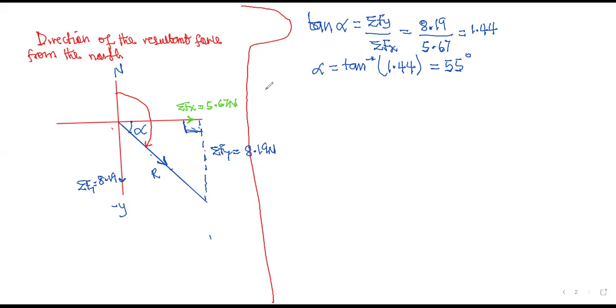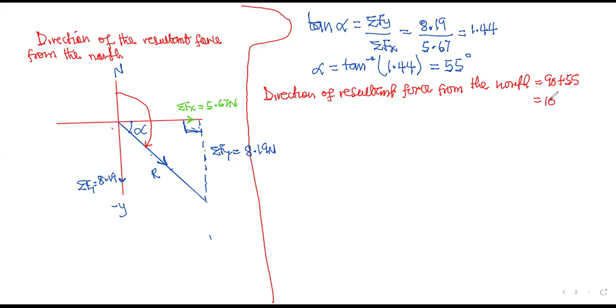Therefore, the direction of the resultant from the north will be 90 plus 55, which will give us 145 degrees, right?